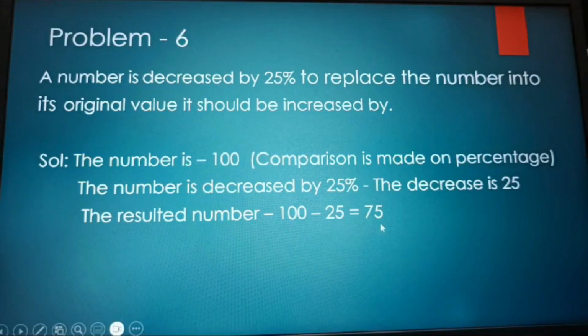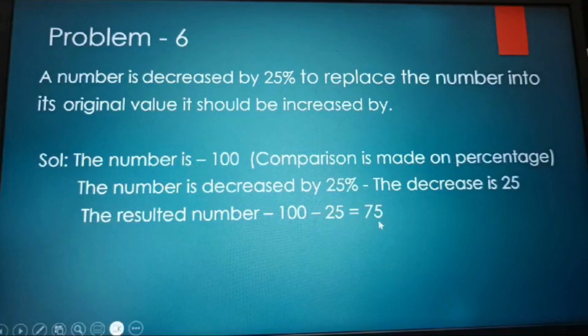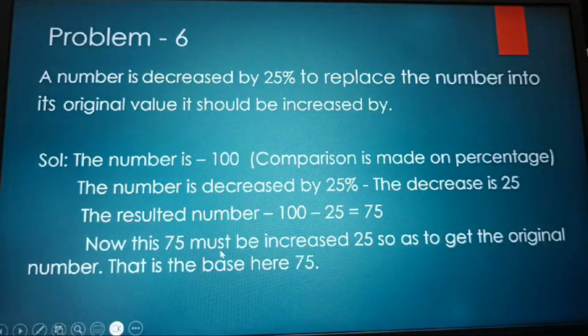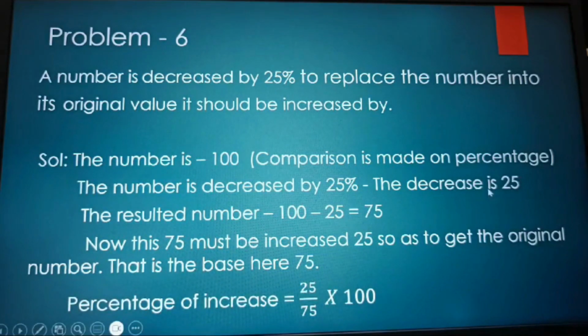Now it should be decreased by 25 to return to 100. So the 25 in terms of percentage compared with 75. So the 75 must be increased by 25%. So the base is here 75. So the percentage is calculated by 25 by 75 into 100.